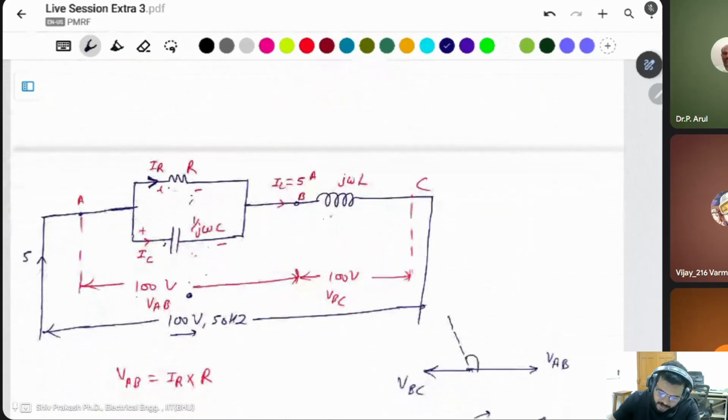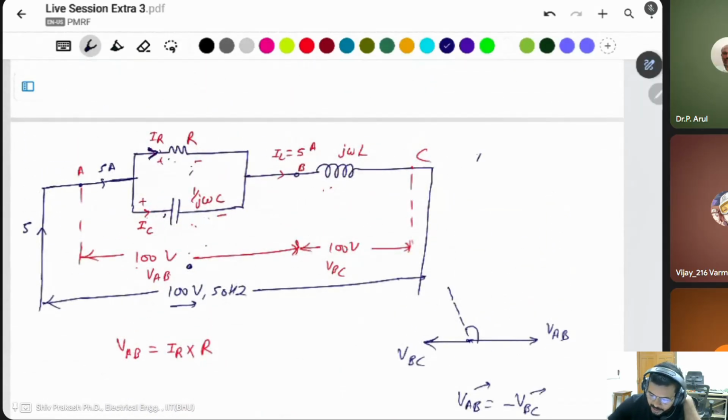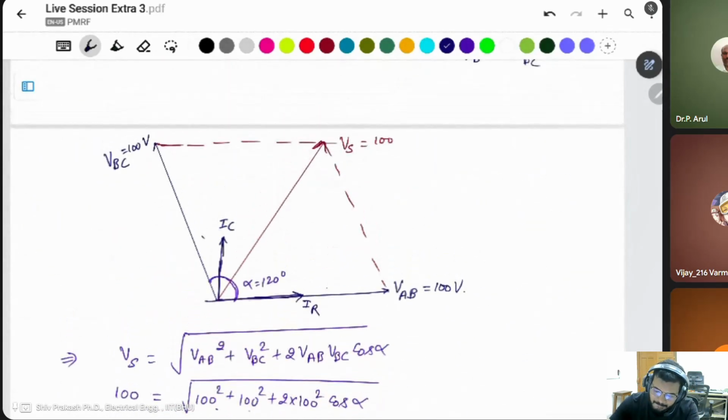And the sum of these two is 5 ampere. IR plus IC is equal to 5 ampere. Also, the IL current is the same as IC plus IR. IL is 5 ampere, given in the question. That means the equivalent of these two has current IL.